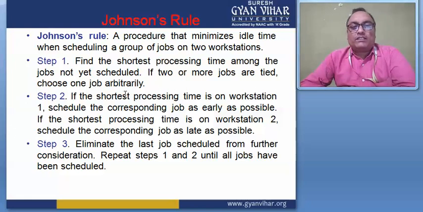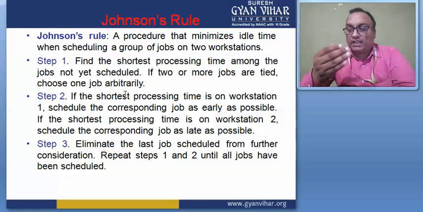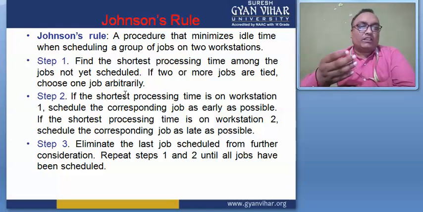If the shortest processing time is on workstation 1, then schedule the corresponding job as early as possible, meaning finish the work at machine 1 as soon as possible. If the shortest processing time is on workstation 2, then sequence the corresponding job as late as possible.